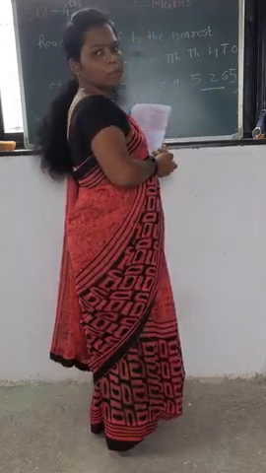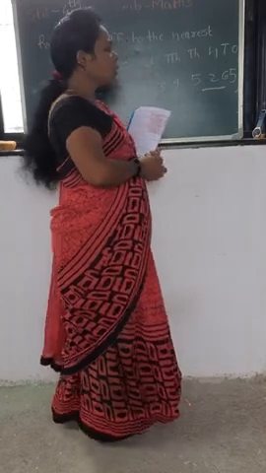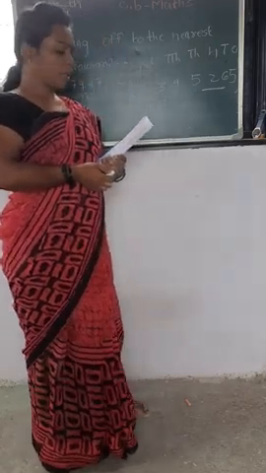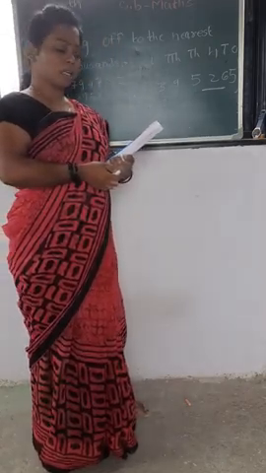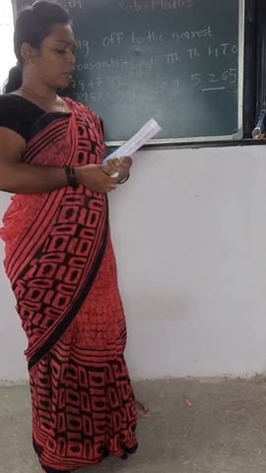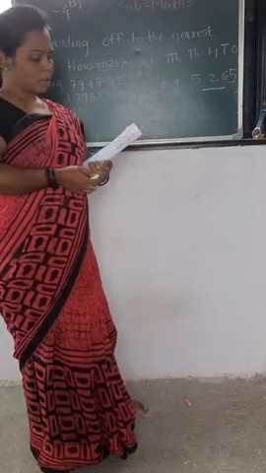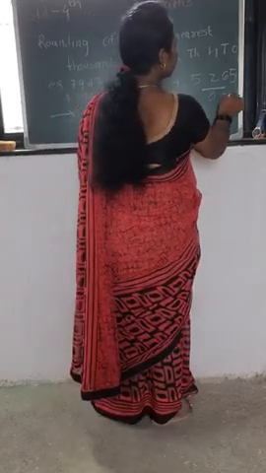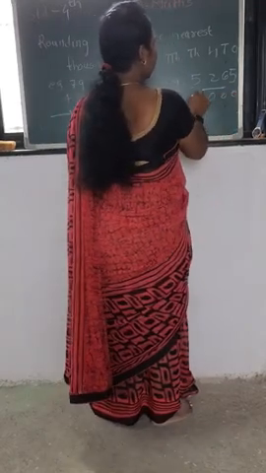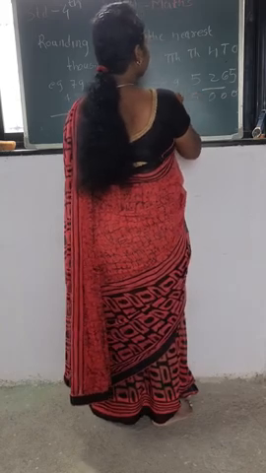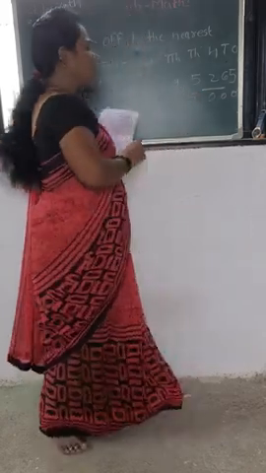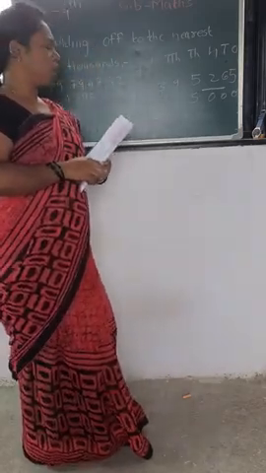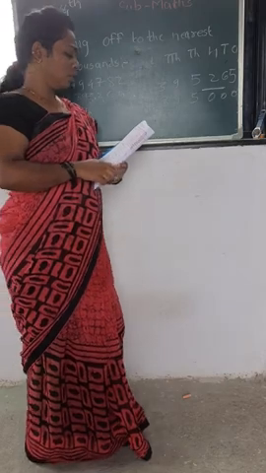Then step 3 says that if the hundreds place digit is less than 5, then keep 0 at the ones, tens and hundreds places and the remaining digits remain unchanged. Then the rounded number is 3,95,000.